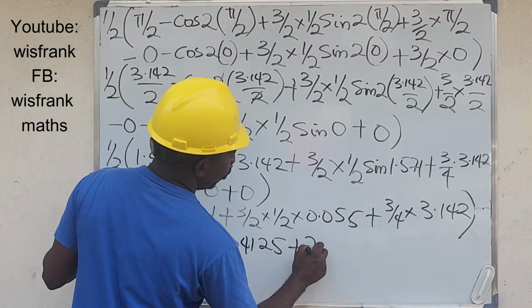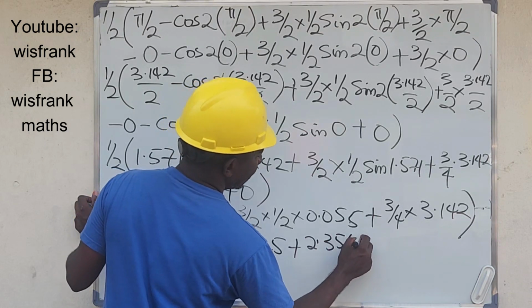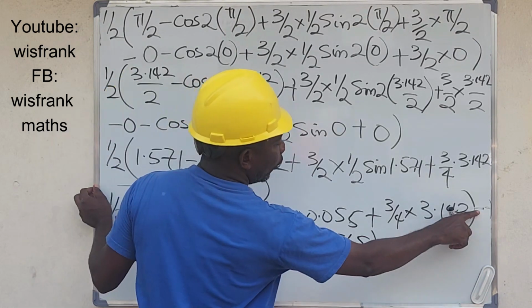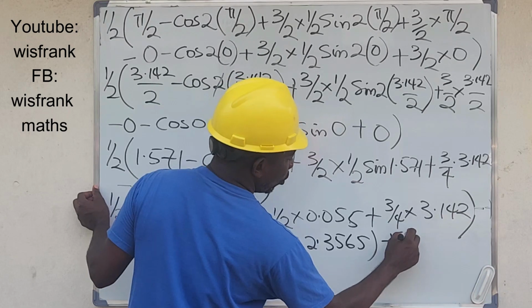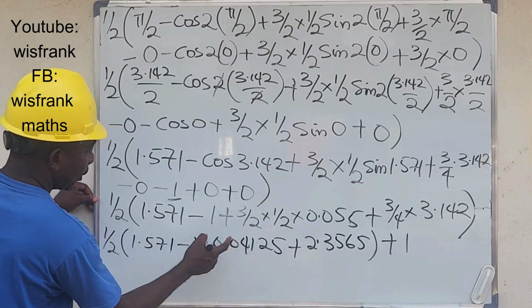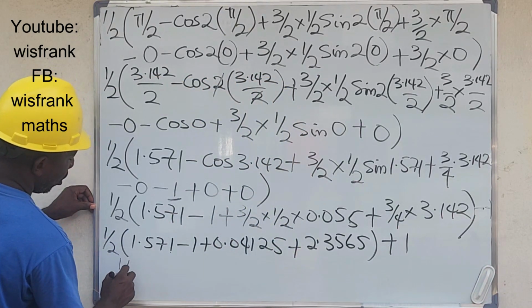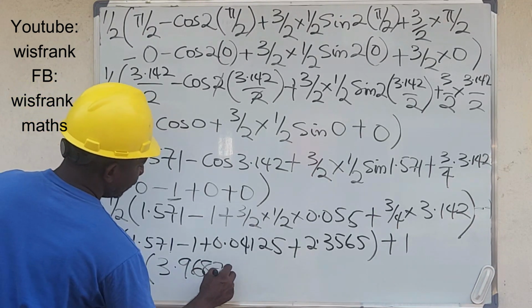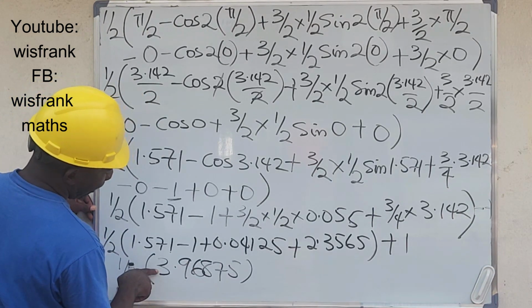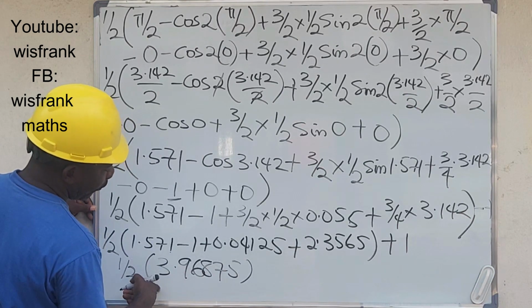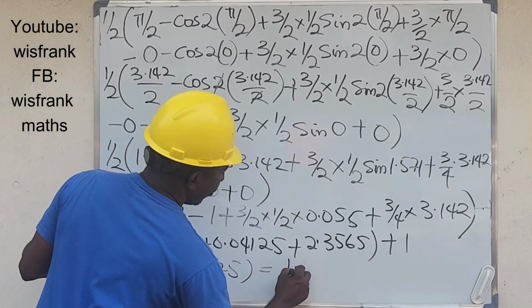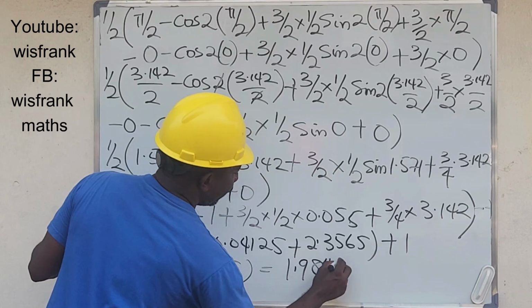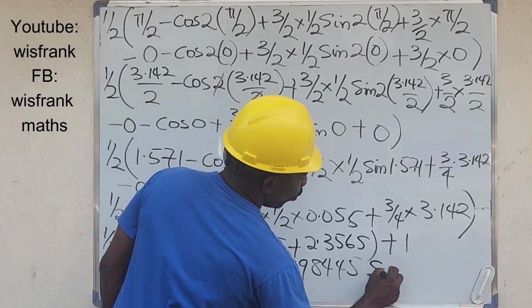This will give us 2.3565. Then minus 1 will become plus 1. Then here, we punch our calculator. The whole of this will be 1 all over 2 times 3.96875. 3.96875 all over 2 will give us 1.98445. The unit is square unit.